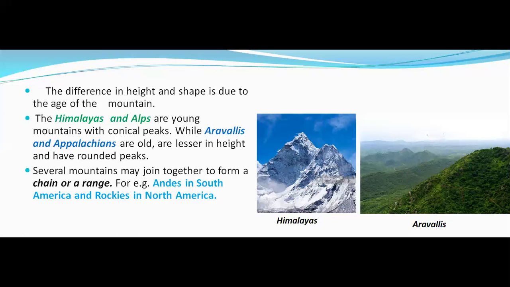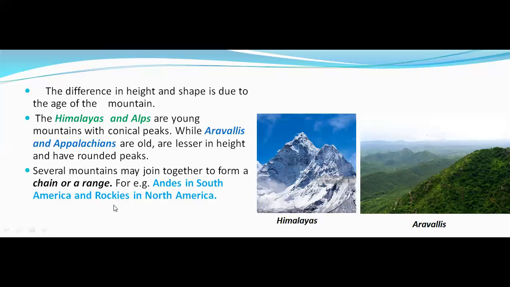Okay. Now, several mountains may join together to form a chain or a range. We learned in your previous year about the Himalayan mountain ranges. They are a chain of mountains. Such a chain of mountains together is known as what, children? A chain or a range.